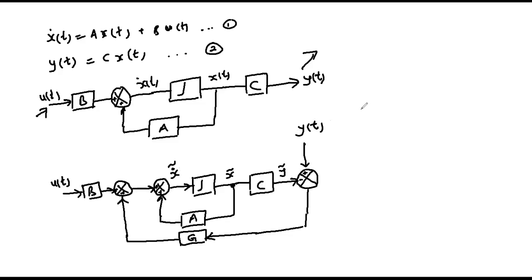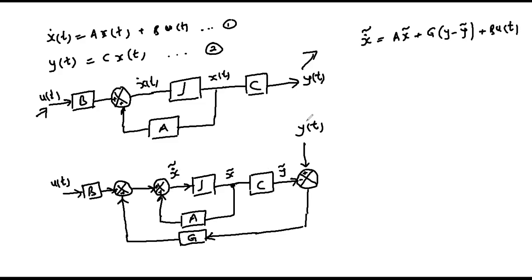From the block diagram representation of the designed controller, we can observe that the estimated states derivative will be equal to A multiplied by the estimated states, this loop, plus G multiplied by y minus y estimated, plus Bu of t.